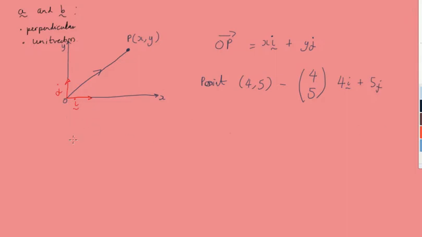Now we can add a third dimension onto our unit vectors here. So we've got our j, we've got our i. This is going to be on the flat here, that's going to be our y coordinate. This is our x coordinate, so this is our i, this is our j, and imagine it's coming out of the paper.